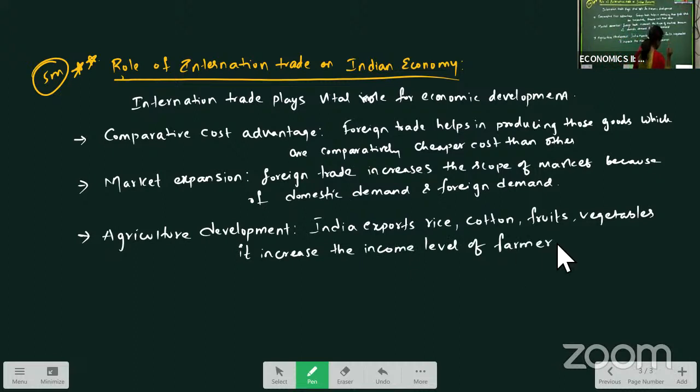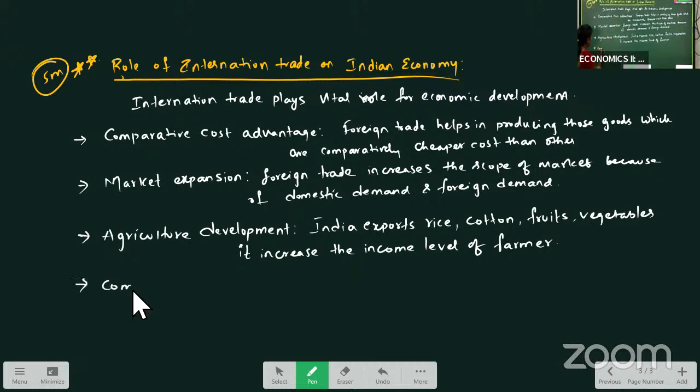We can say the Indian economy is an agricultural economy. Agriculture is the backbone of our Indian economy. So as India is exporting, when the farmer is producing the goods, his income levels also increase, which helps in the prosperity of the rural people.